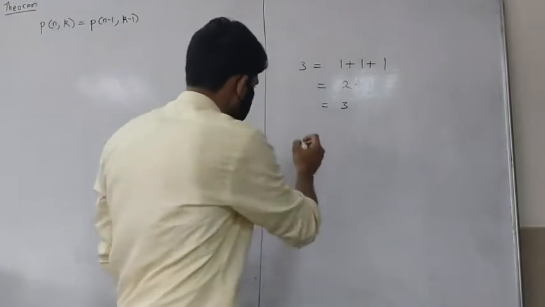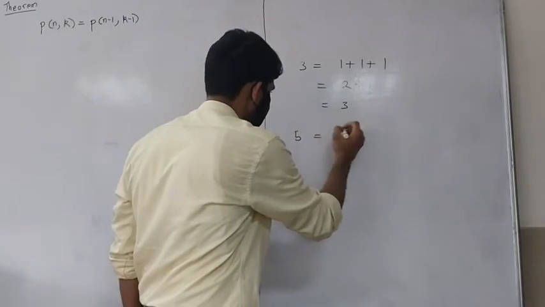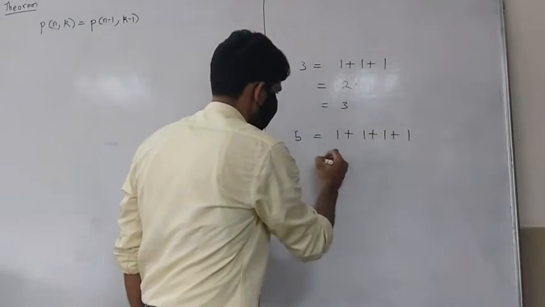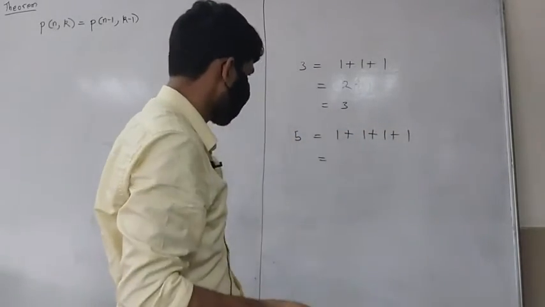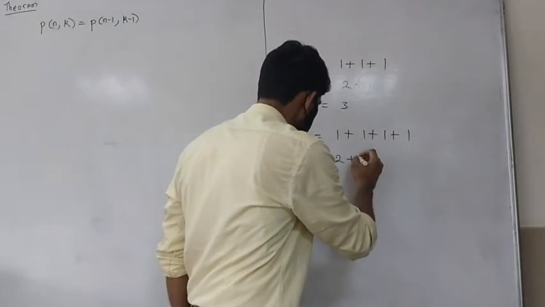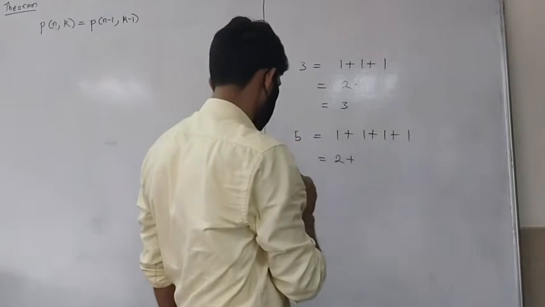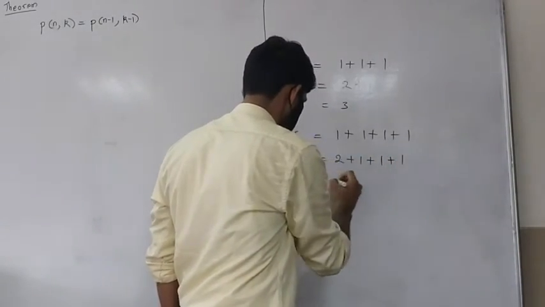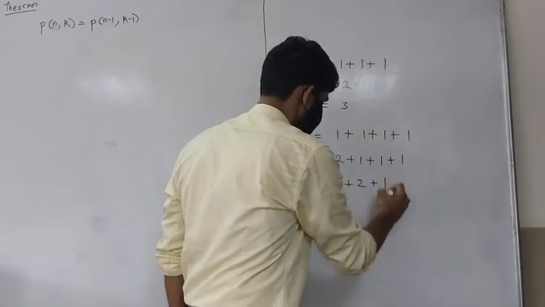Say you have 5 here. Let's look at 5: 1 plus 1 plus 1 plus 1 plus 1. Then starting with 2, we can have 2 plus the partitions of 3, which would be 2 plus 1 plus 1 plus 1, or 2 plus 2 plus 1.